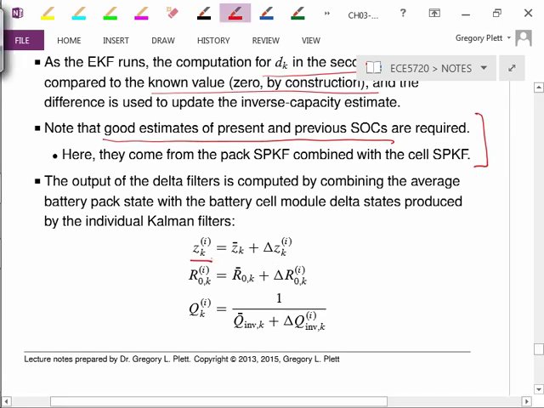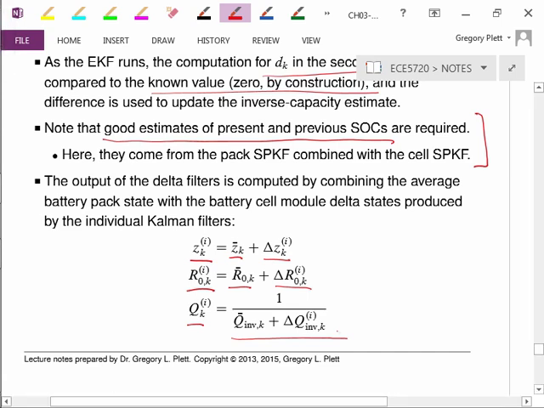So the cell state of charge is equal to the pack average state of charge plus the delta state of charge. The cell resistance is the pack average resistance plus the delta resistance, and the cell capacity is, remember, the 1 over Q is needed, so it's 1 over the Q inverse plus the delta Q inverse.